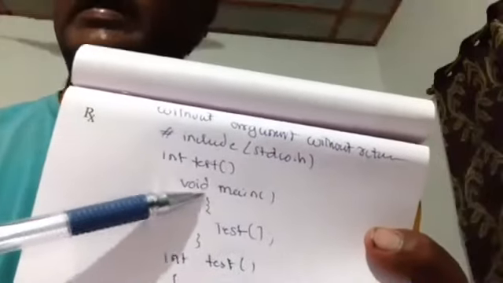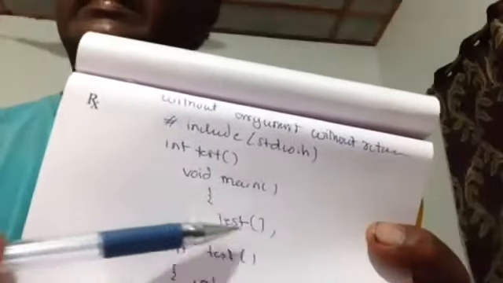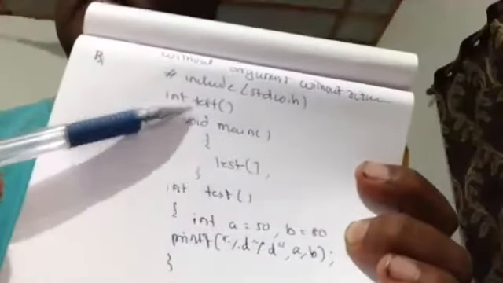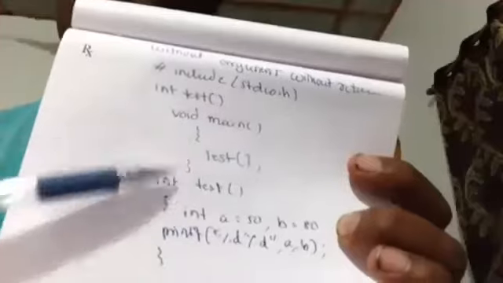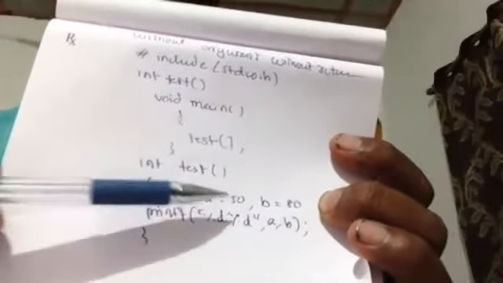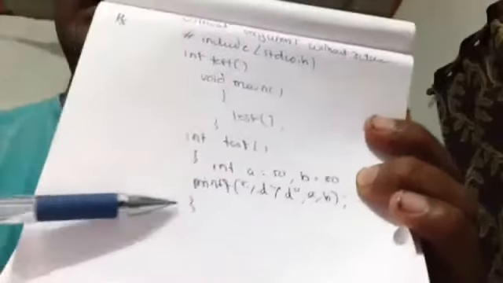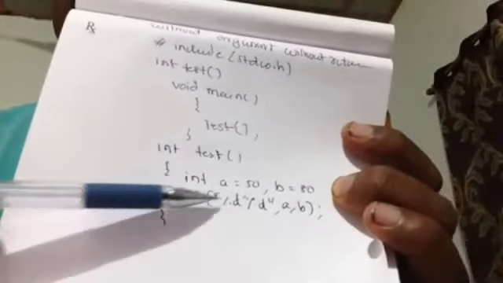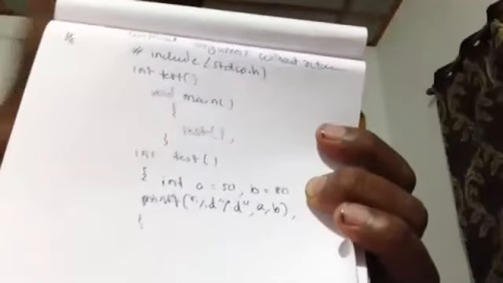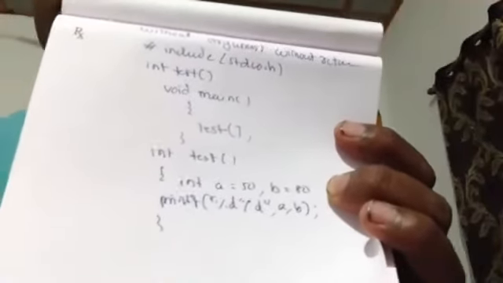Okay. Then void main, I call the function test, then over, then go for the subprogram. In test, both are same. Then what I used to do, int a equal to 20, b equal to 80. Then what I am doing, printf a and b value. So no return value is there. It's clear.